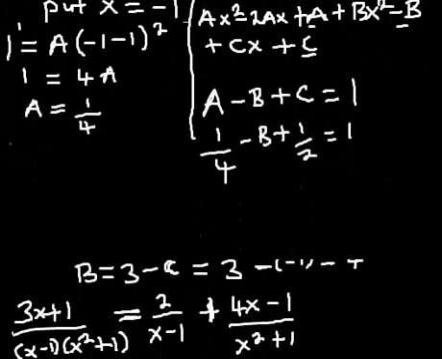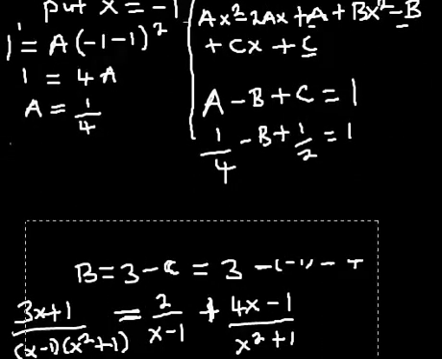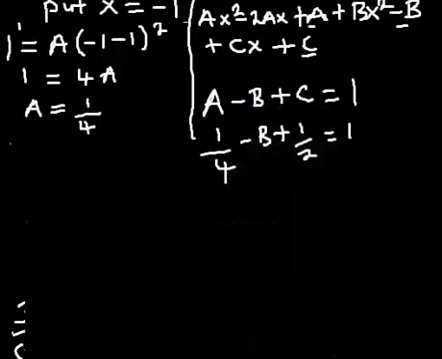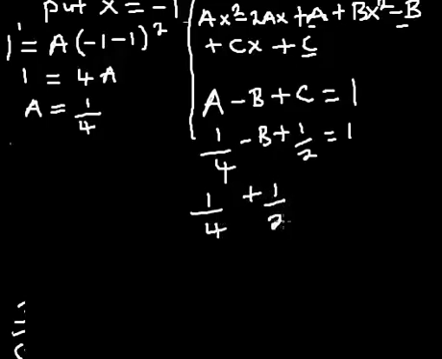So I have to rearrange this equation. Rearranging the equation, minus b goes over to this side. I'm going to have 1 over 4 plus 1 over 2, right? If 1 comes over, it becomes minus 1. It's equal to plus b.